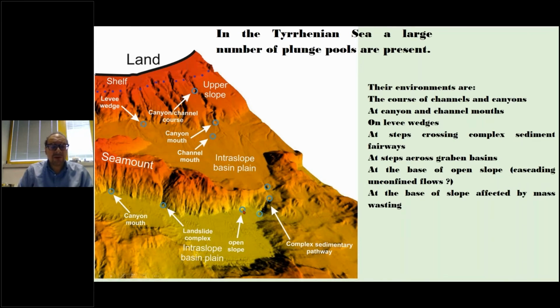They are found along complex sedimentary pathway at the base of slope in open slope without any canyon, at the base of slope where we have a landslide complex, and at canyon mouth not connected with the shelf. So now I'm going to describe the different type, and I will start with the type 1 plunge pool.